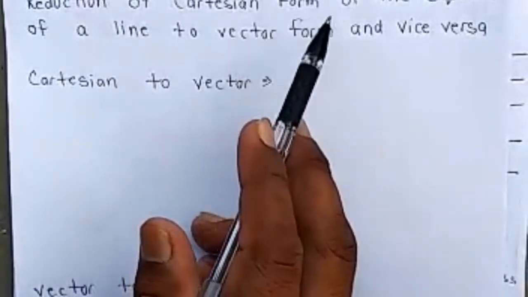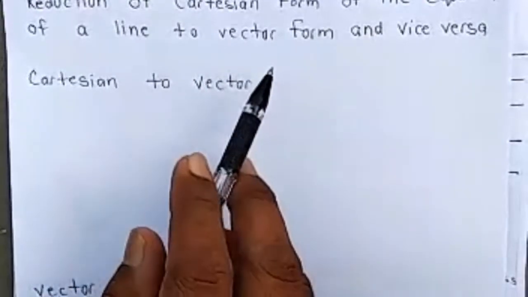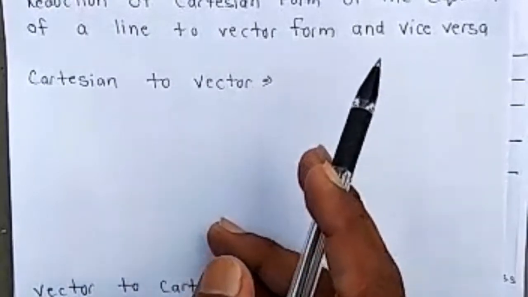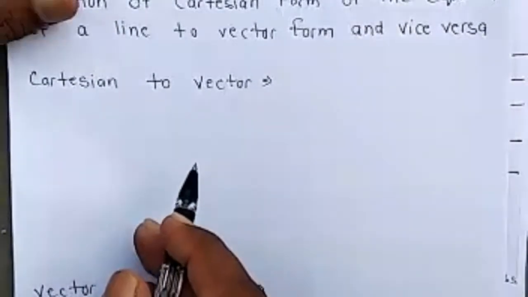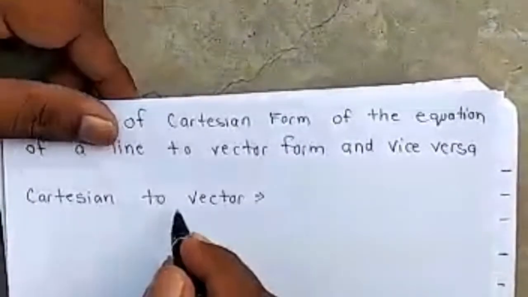Reduction of Cartesian form of the equation of a line to vector form and vice versa, means vector form into Cartesian form, then Cartesian to vector.